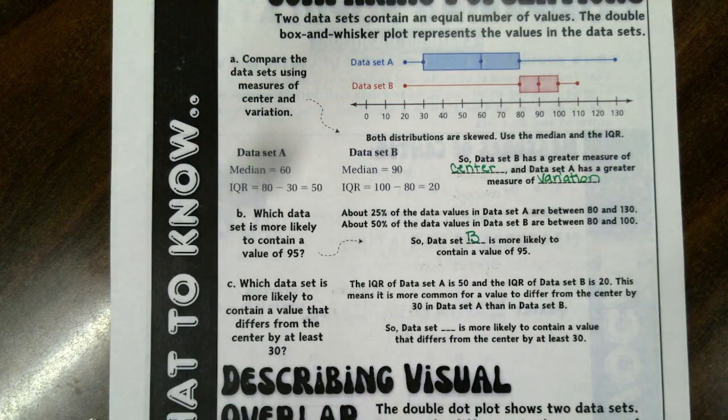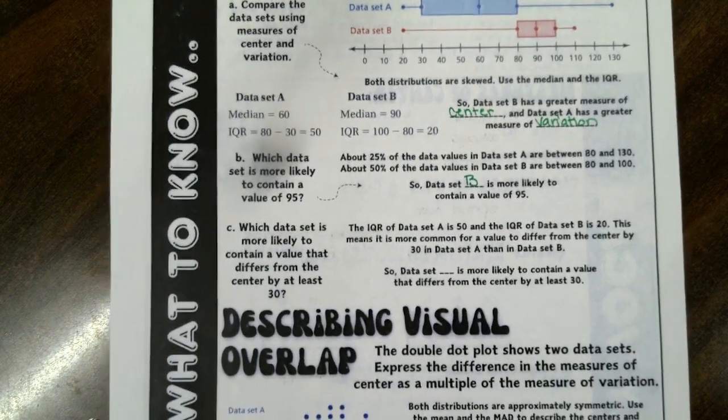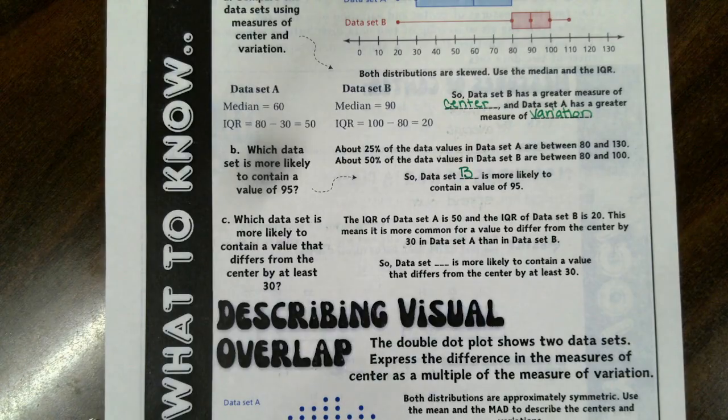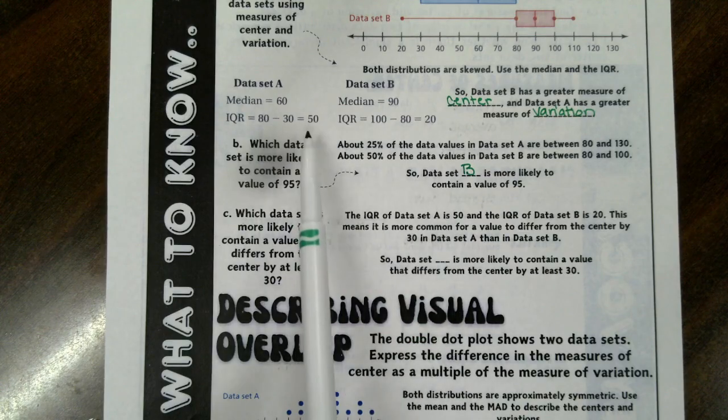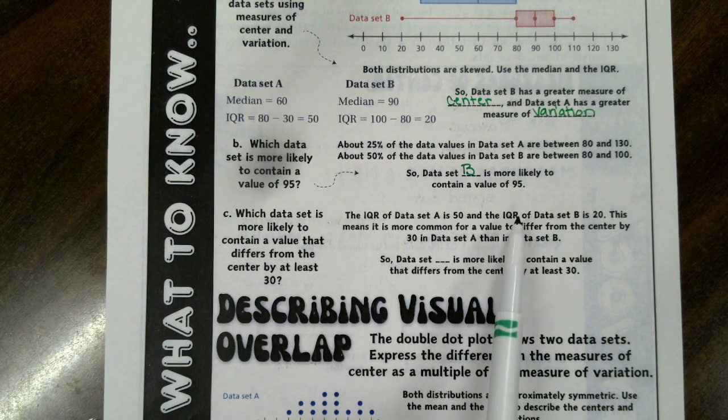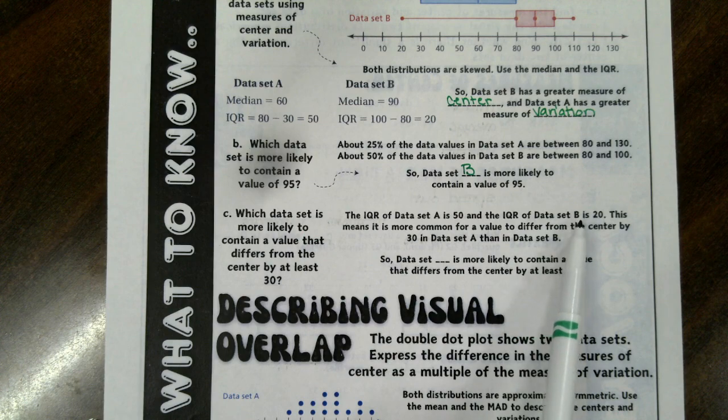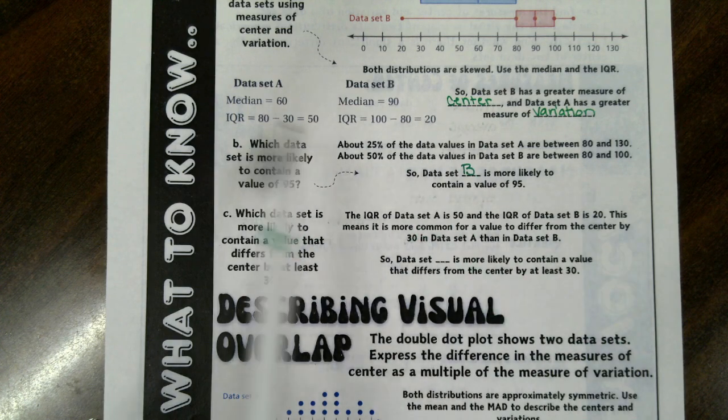So which data set is more likely to contain a value that differs from the center by at least 30? The interquartile range of data set A is 50, and the interquartile range of data set B is 20, right? We already figured that out.